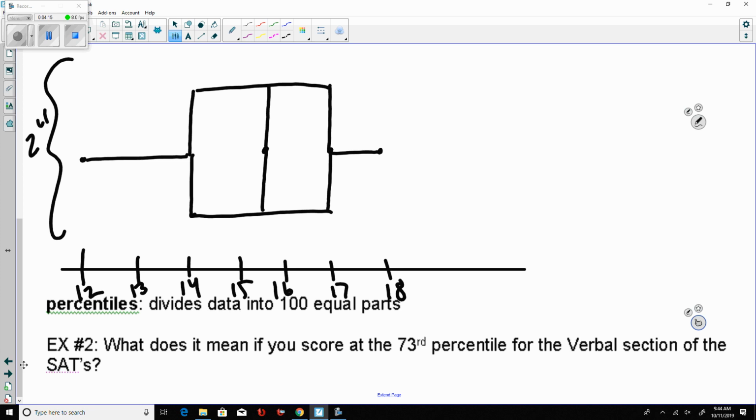There's your box and whisker. Okay, so we're going to go to the standard score.